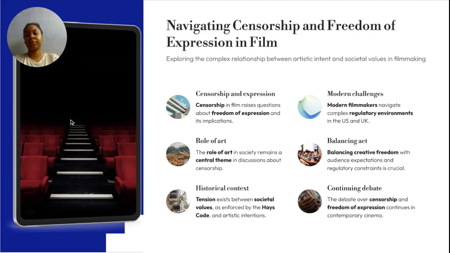So basically it brings to light whether the films we make nowadays and the films that were made back then were still controversial in certain ways, and still raised eyebrows in terms of how the filmmaker is using certain elements to tell stories.